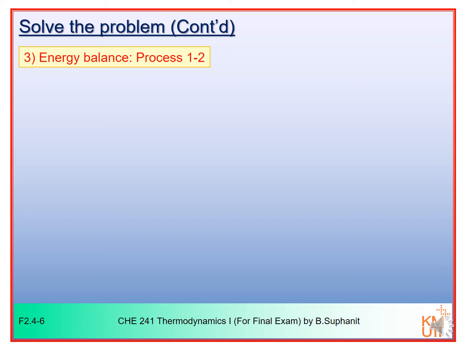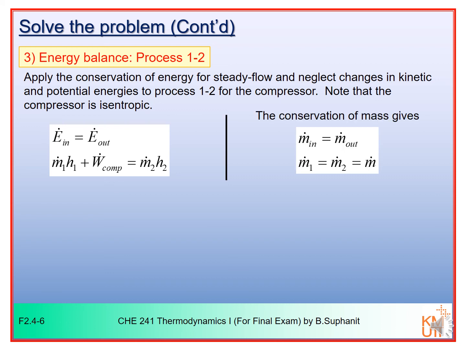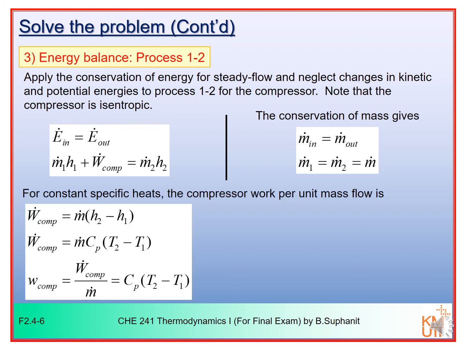First of all here, considering mass and energy balances around process 1-2, which is a compressor. The energy balance and mass balance around the compressor can be written as shown. Since we have only one inlet and one outlet in this process, M1 dot is equal to M2 dot and simply written as M dot. Combining mass and energy balance equations, we have WCOM equal to M dot multiplied by H2 minus H1.